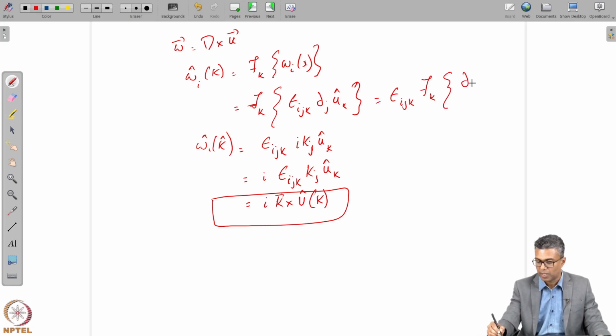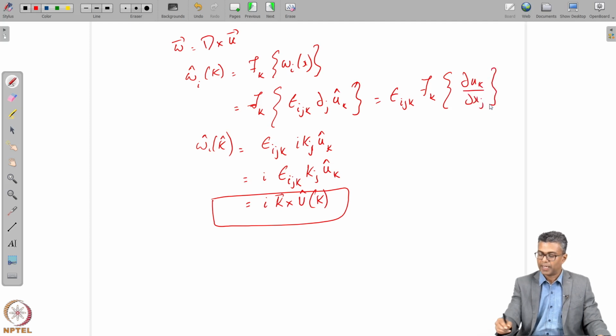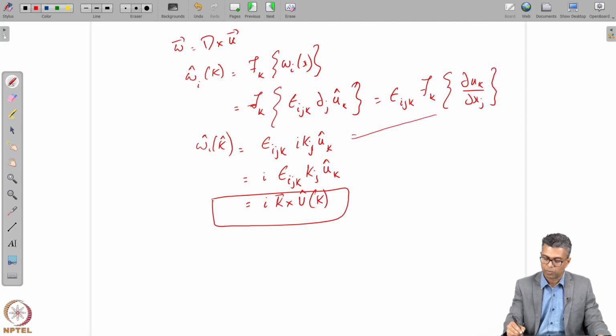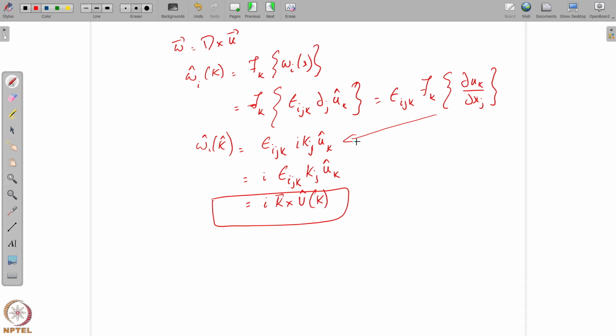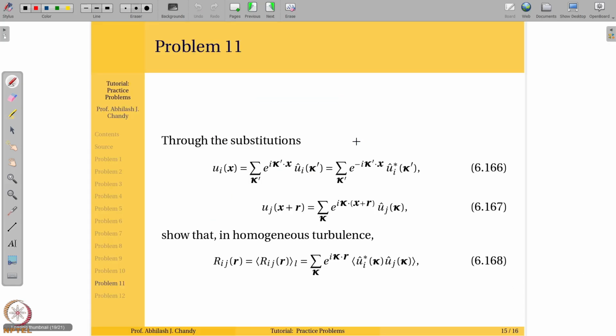So essentially it is del u_k over del x_j, huh? And the derivative of this is this one. Okay, I didn't write this step out, but it's clear, right? Eventually that's how you get i kappa cross u hat of kappa. So I hope that you found this clear. Let's try the next problem.